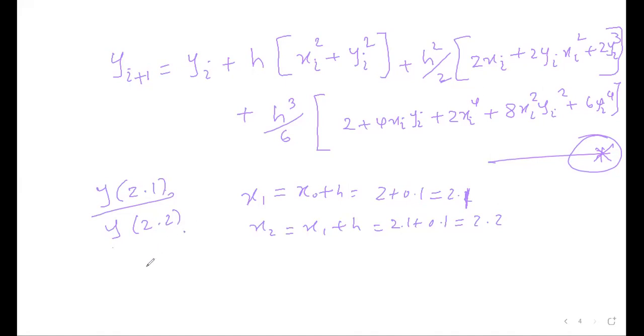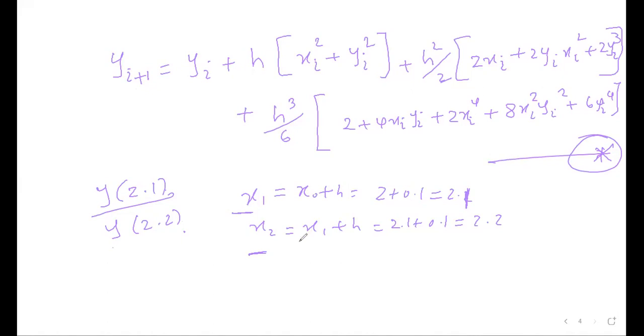Which can be used, I think we have done this in our elementary differential equations, Picard iteration. There we had i equal to 0, i equal to 1. So here we have i equal to 0, this one will be our i equal to 1 term, and this one will be the i equal to 2 iteration.